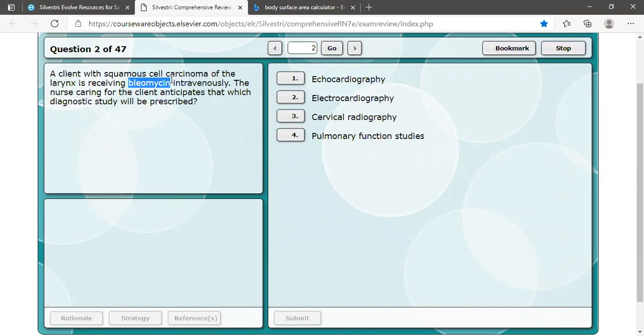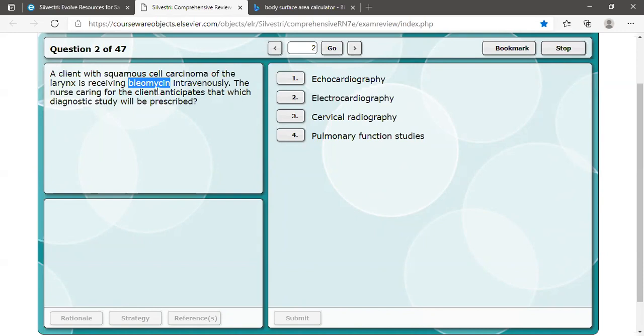Bleomycin is a chemotherapeutic agent we use to destroy the tumor cells in squamous cell carcinoma. The nurse caring for the client anticipates that which diagnostic study will be prescribed? As I told you, bleomycin is a chemotherapeutic or anti-neoplastic agent.